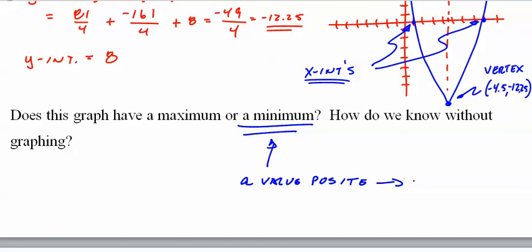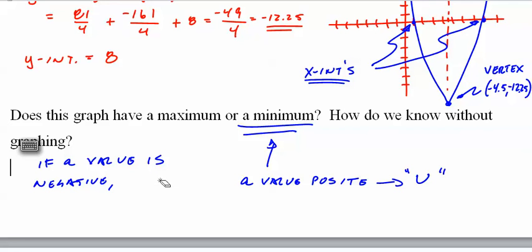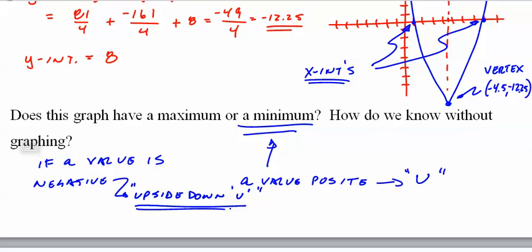We'll have a U. If the a value is negative, we have an upside down U. So you'll see examples of that in videos in your near future.